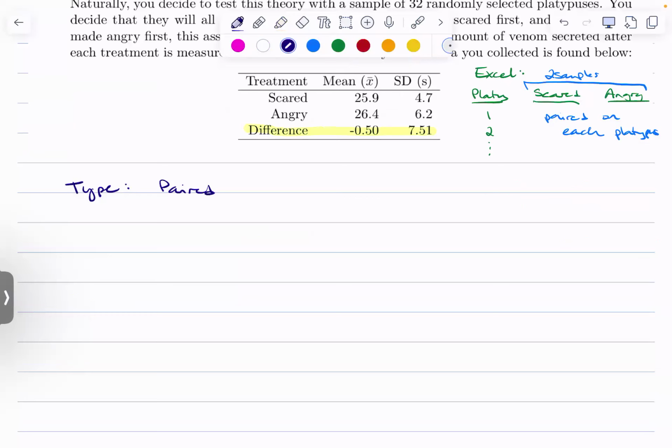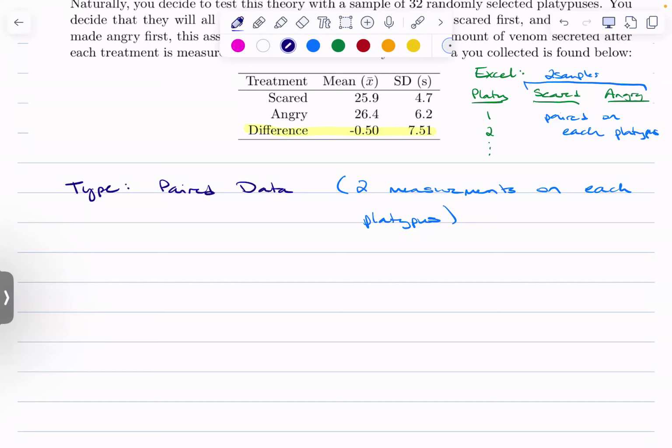Yeah. 2 measurements on each platypus. And that's the reason. You don't have to give the reason, you just need to tell me the type. That's why I made it a different color.